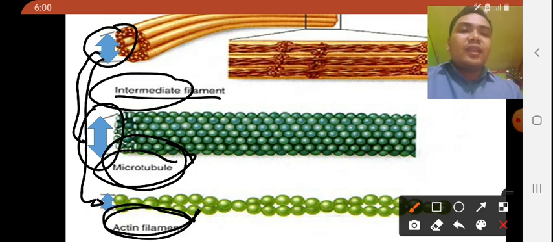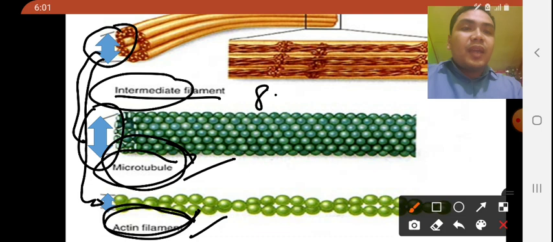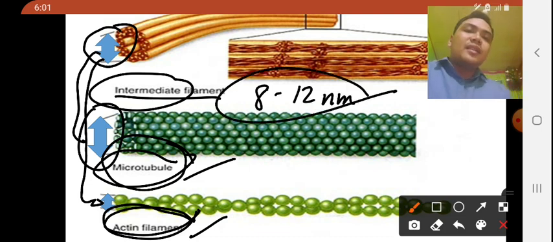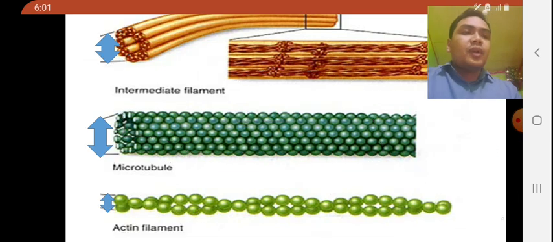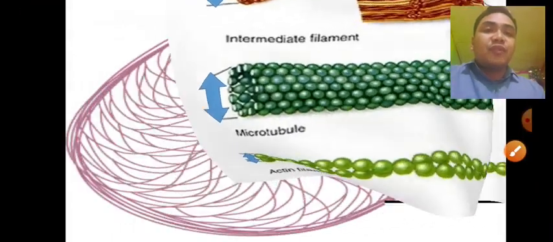So the size of the diameter of this fiber is in between the microtubule and actin filament. That's why we use the term intermediate. And its diameter ranges from 8 to 12 nanometers. Okay, so that is the diameter size of the intermediate filament. Just like the microtubule and actin filament, intermediate filament consists of proteins. So let's proceed to its major function.